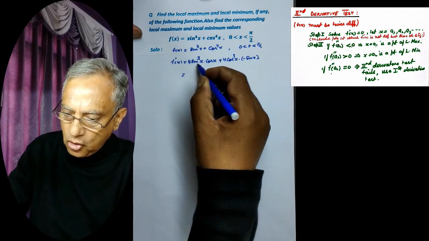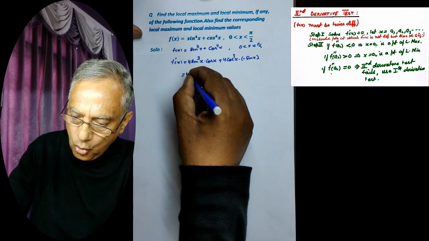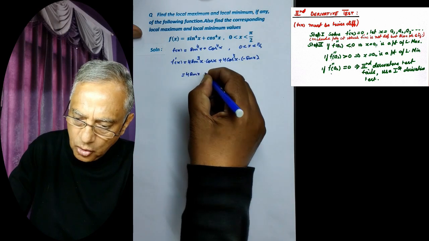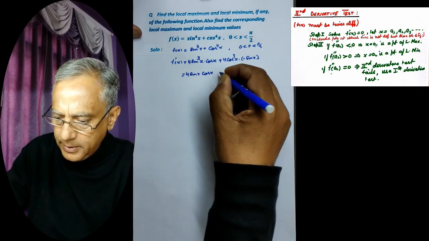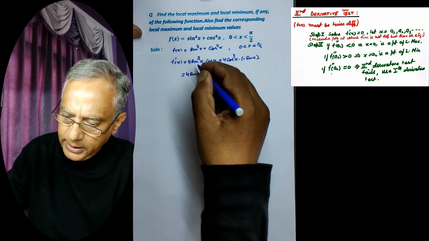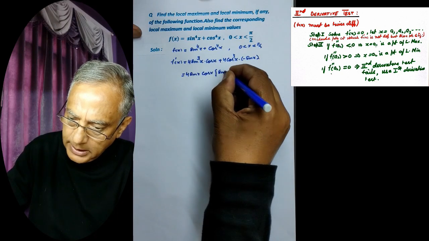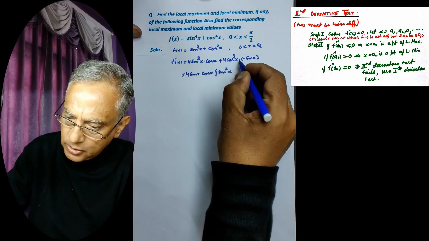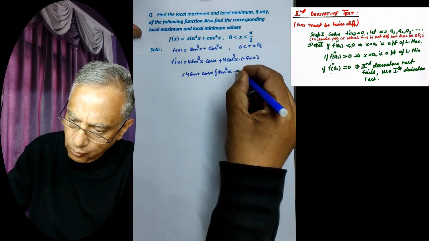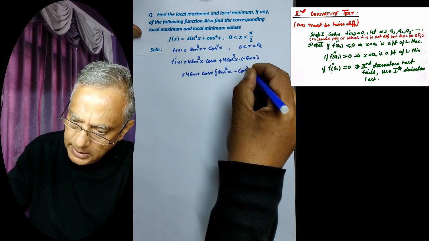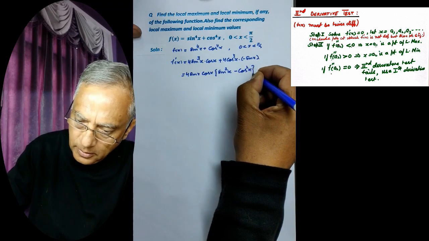Now 4 sin x cos x is common, and we are left with sin square x, and we get minus cos square x.